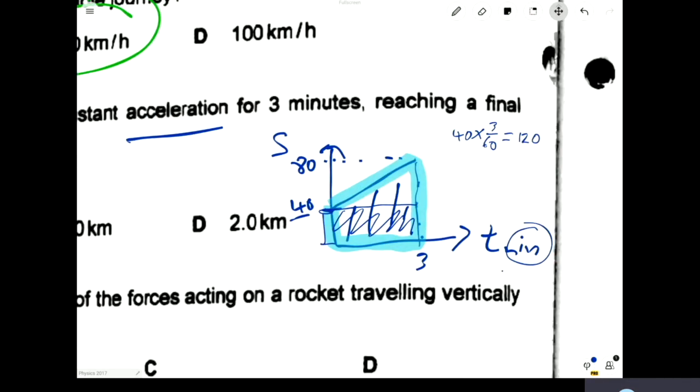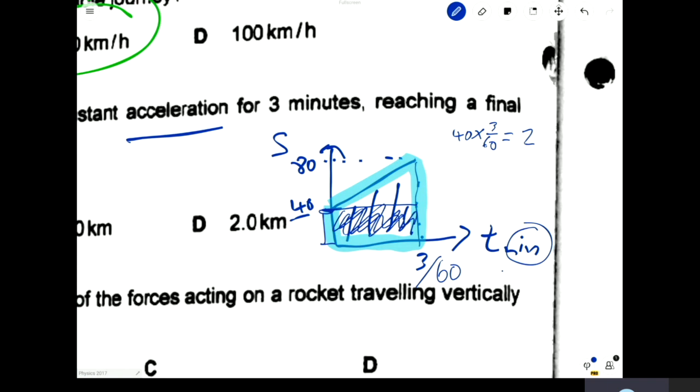You have to convert it to hours. So 40 times 3/60 equals 120 divided by 60, so it's 2. That is the distance at the bottom.